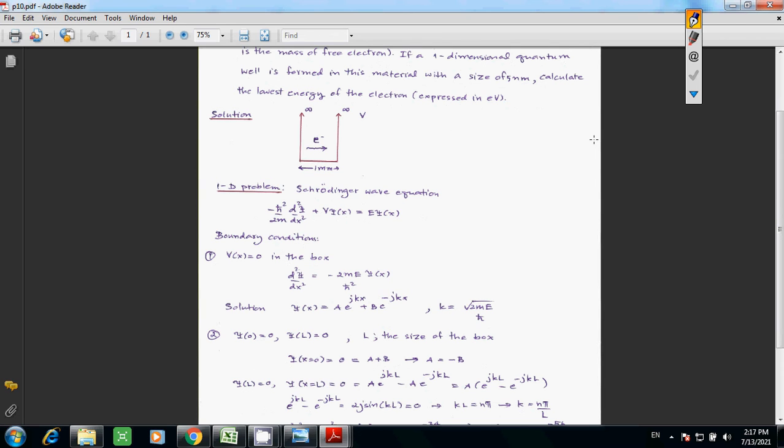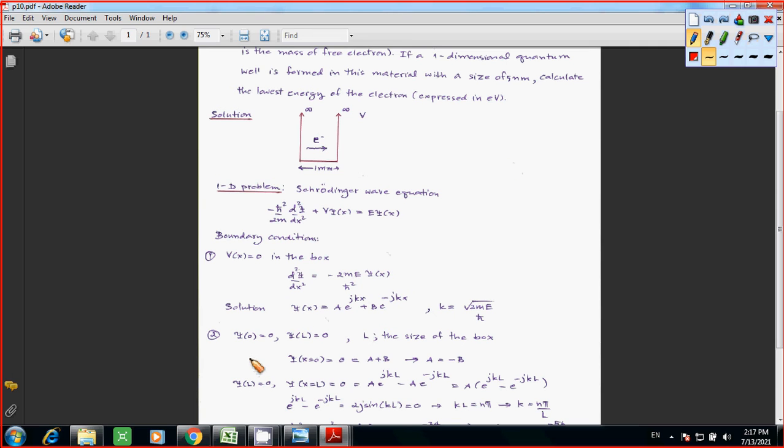Now, you apply the boundary condition: psi of 0 equals psi of L equals 0, because you have no wave function beyond the potential wall. This is your 0, this is your L.